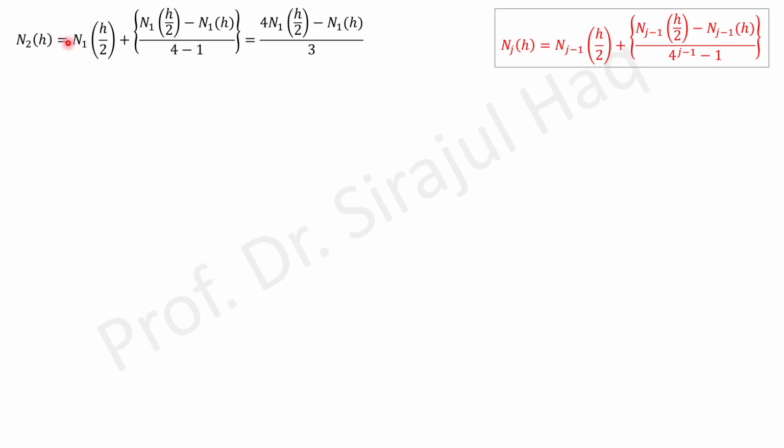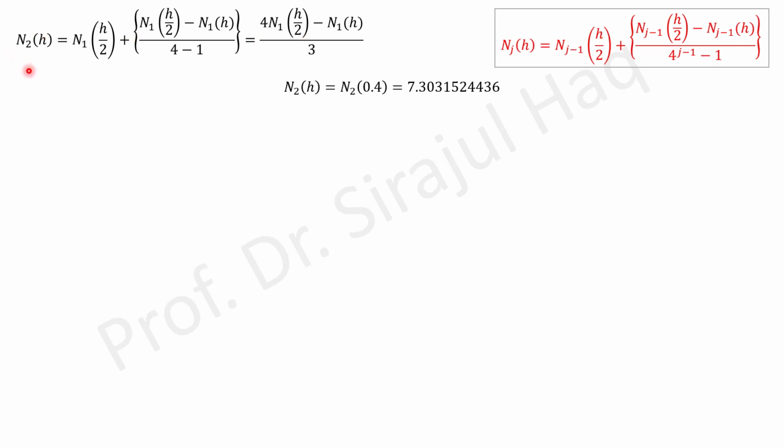And if you take the LCM, 3 N1 of h divided by 2 plus N1 of h divided by 2 gives you 4 N1 of h divided by 2 minus N1 of h. So you know the values from the previous calculation: N1 of h, which was actually N1 of 0.4, and N1 of h divided by 2, which was N1 of 0.2, which you computed in the previous step, and just substitute the value.